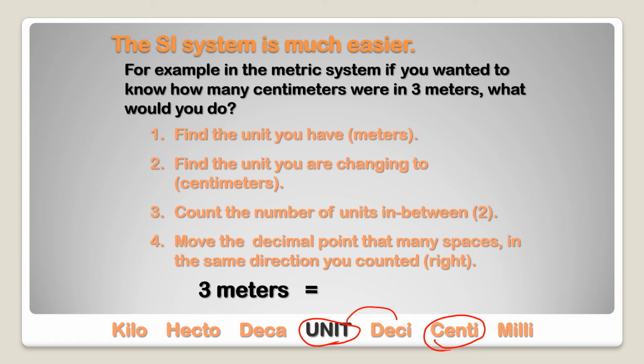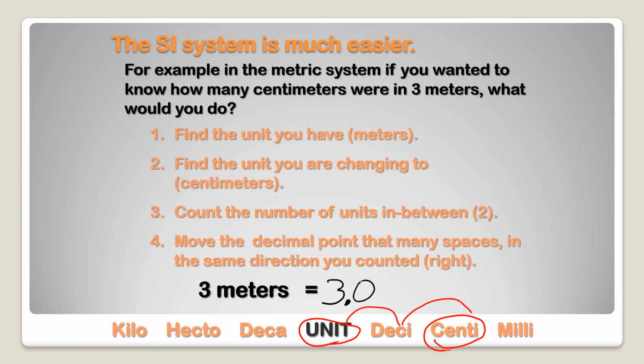I have 1 unit, 2 units, right? And all I have to do is move the decimal point that many spaces in the same direction that I counted. So I started off with a base unit of 3, and it's understood that I have a decimal point right there, 3.0, right?